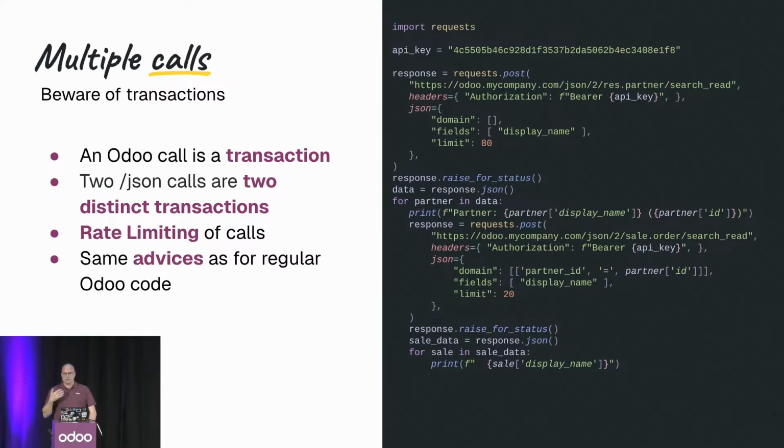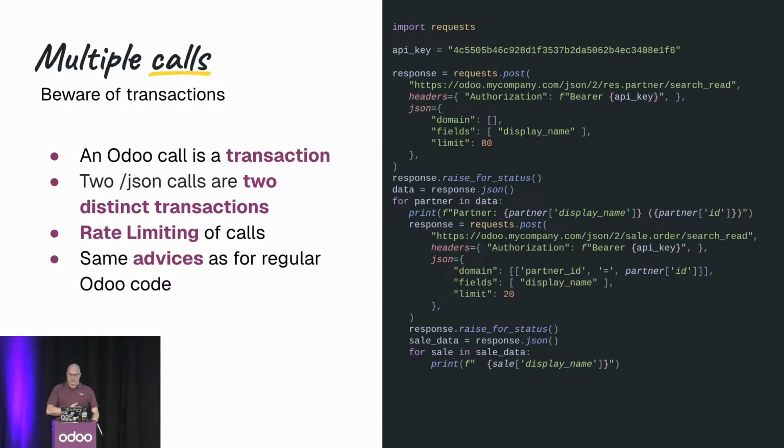Now, we would like to make multiple calls to Odoo. A call to Odoo is done within a PostgreSQL transaction. If you do two distinct calls, you will do two distinct transactions.